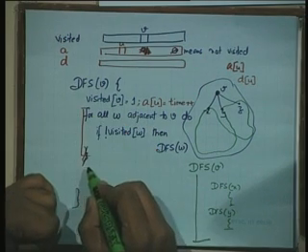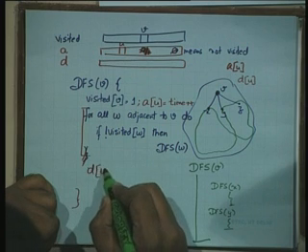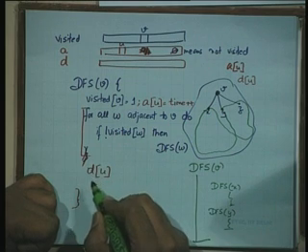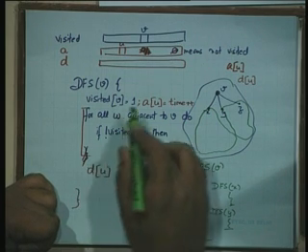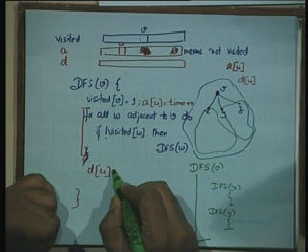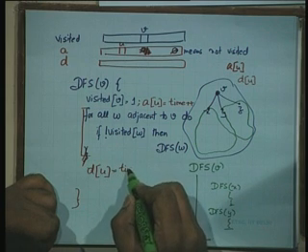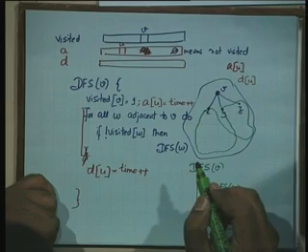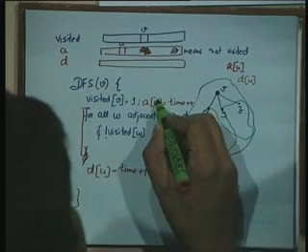Here, D of u or W? W is not defined here, W was part of the loop. So this is V, sorry, D of V equals time.